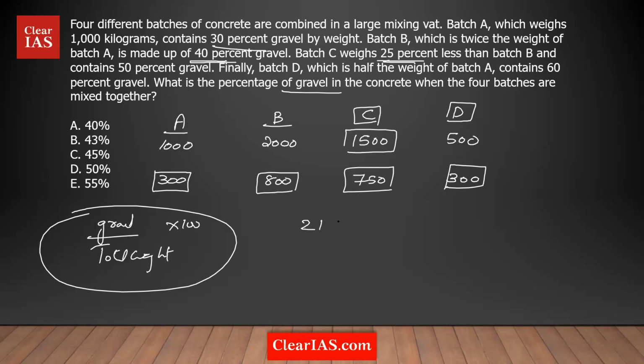It's going to be 2150 by the total weight, 3000 plus 2000, 5000, into 100. This will give you the answer. So clearly you can eliminate the others. Your answer is nothing but 43%, which would be the right answer. Option B will give you the right answer. All of you, is it clear?